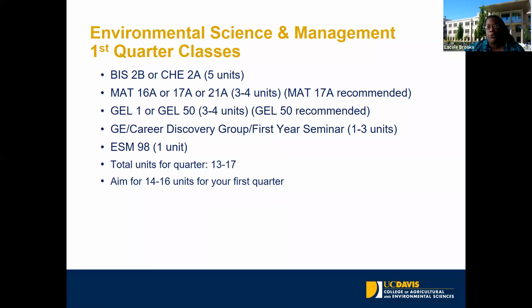ESM 98 is a course where you learn about all the different tracks, and you have different instructors for each track come in and tell you about the different jobs you can take, what each track entails, and everything you want to know, and you can ask questions, and if you're not sure about which track you'd like to take. Total units for the quarter between 13 and 17, but we'd like you to aim for 14 to 16 units for your first quarter.